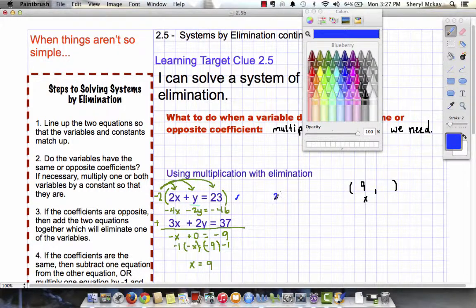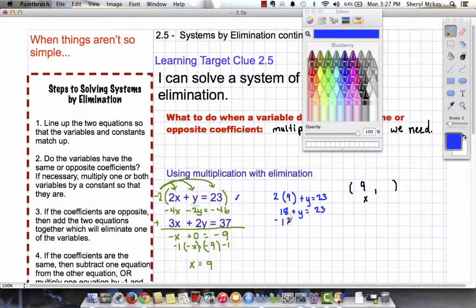So I'm going to say 2 times x, which I now know is 9, plus y equals 23. 2 times 9 is 18, plus y equals 23.